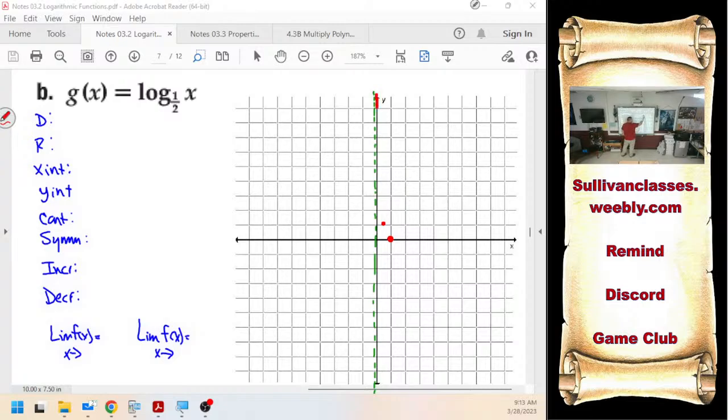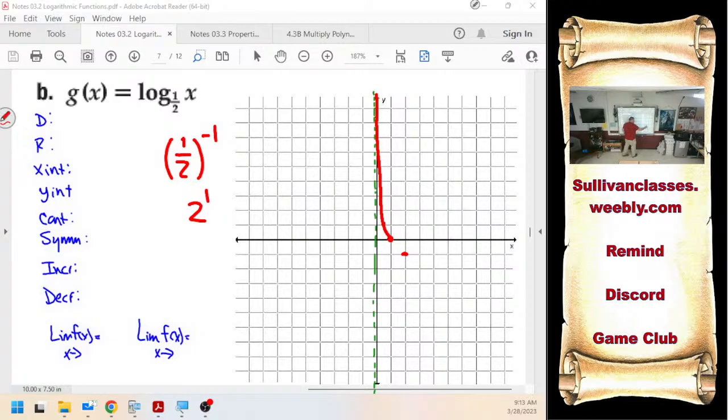So it's going to be creeping along the asymptote, and then remember, just like 1/2 to the x, it flipped it. A base of 1/2 is also going to flip this. 1/2 to the negative first is 2 to the first.